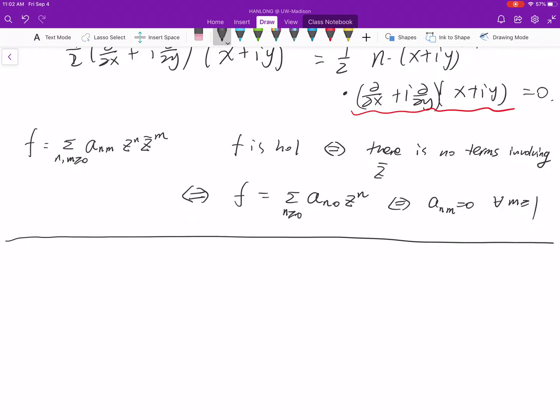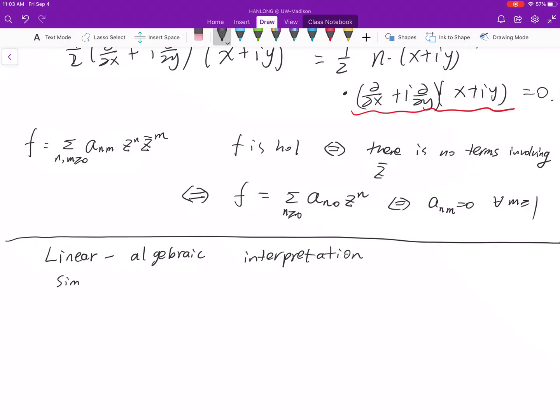Okay, to end up with the topic we started last time, we introduced the following interpretation of holomorphic function or complex differentiable. We first look at the simplest holomorphic function, the linear function, and try to give a linear algebraic interpretation.